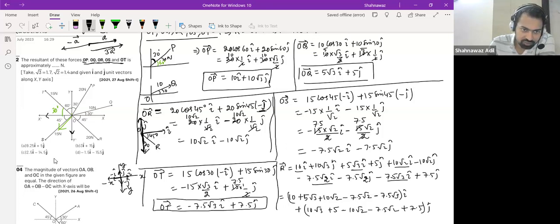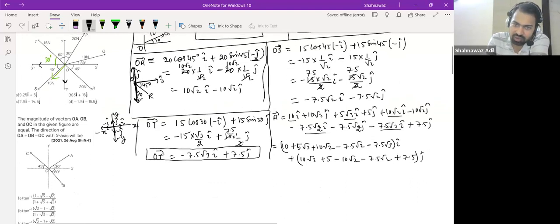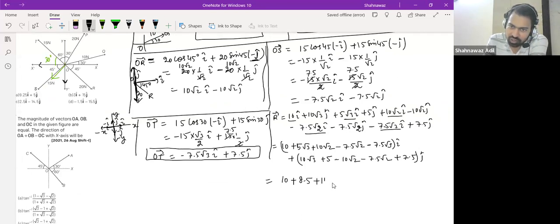So what would be the answer then? So we have 5 root 3, right? So the root 3 value is given. Root 3 is 1.7, root 2 is 1.4. So we have to just plug in those values, and let's see what the answer is. So root 3 is 1.7. So 10 plus 8.5, right? And plus 14, minus 7.5 into 1.4.